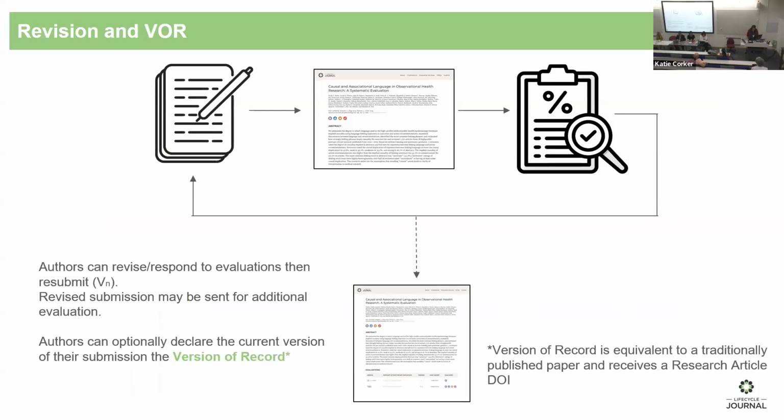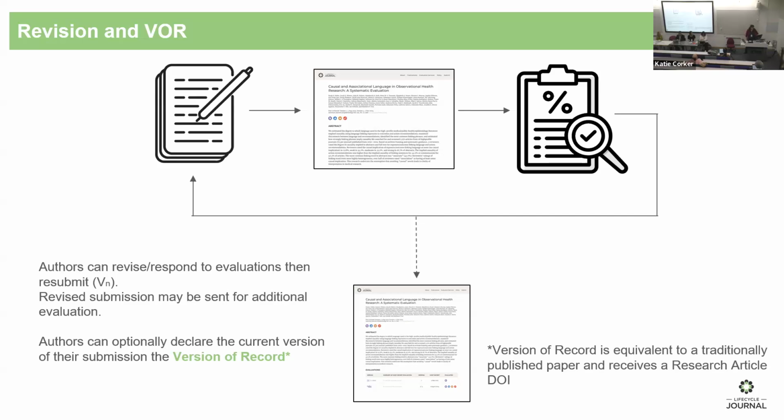Engagement with Life Cycle Journal's editorial process is very much author-led. We do not issue accept or reject decisions. Authors can choose to respond and revise to evaluations and then resubmit. Just like a more traditional journal, whether that would go for additional review depends on what the revisions were.